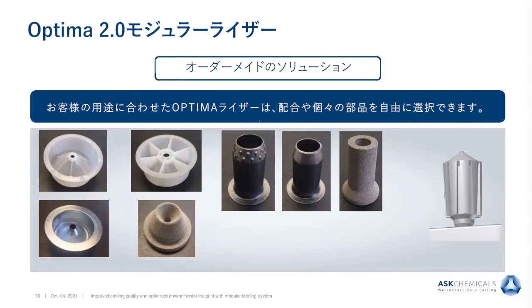And here you can see the overview of what it means with all these different positions. So that means that the OPTIMA riser for your application, thanks to a free choice of formulations and individual components, can be the perfect solution in your foundry.